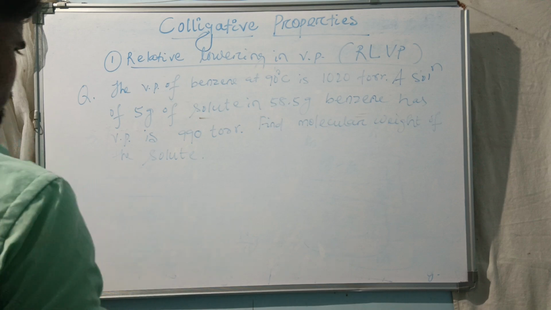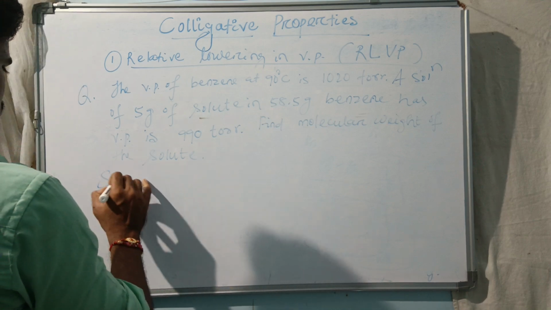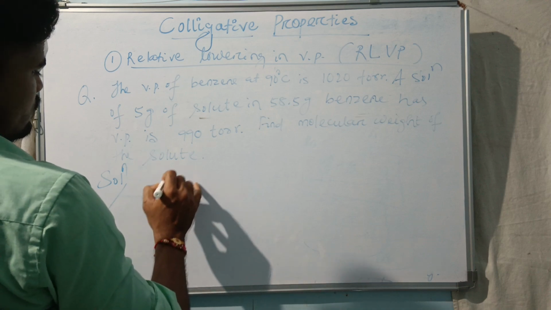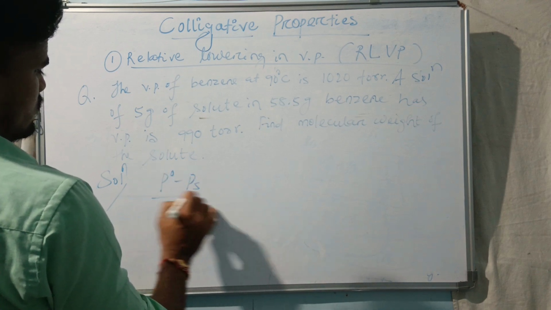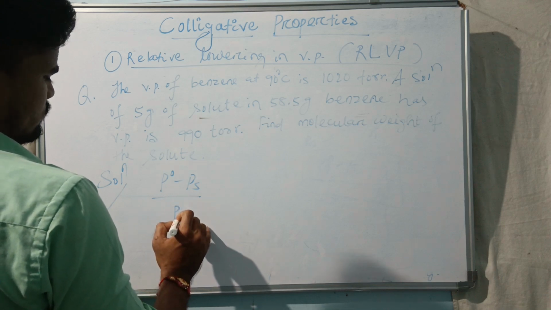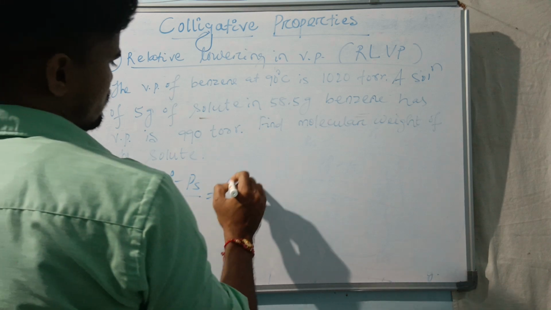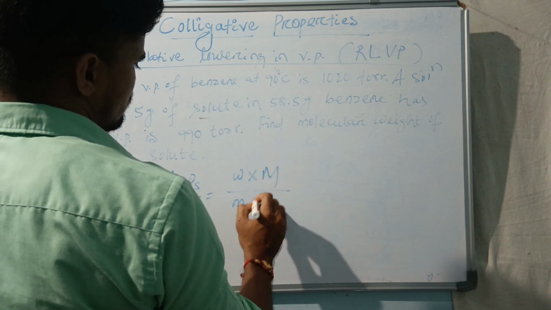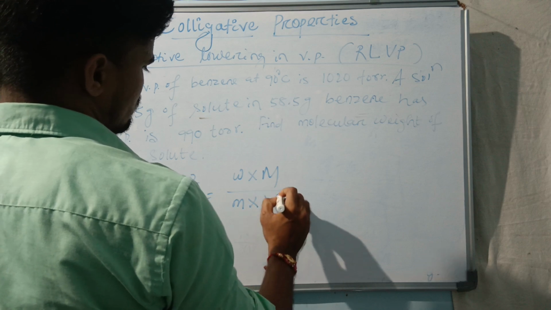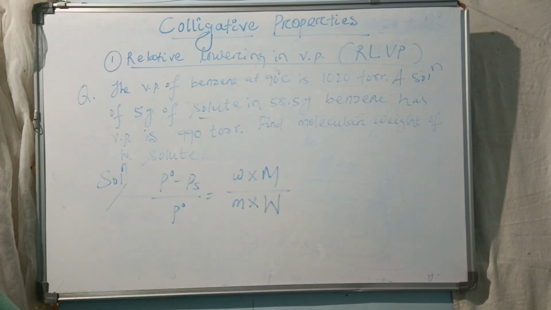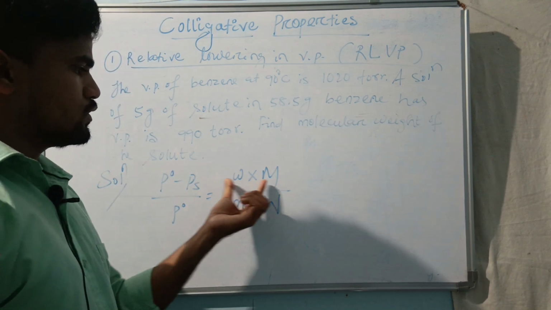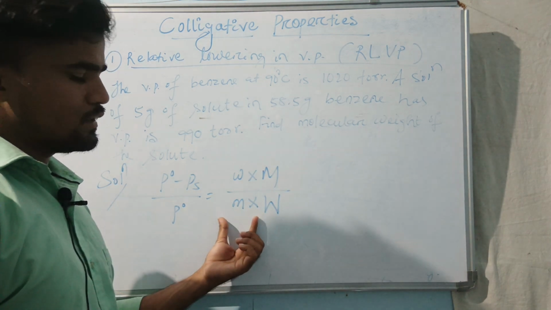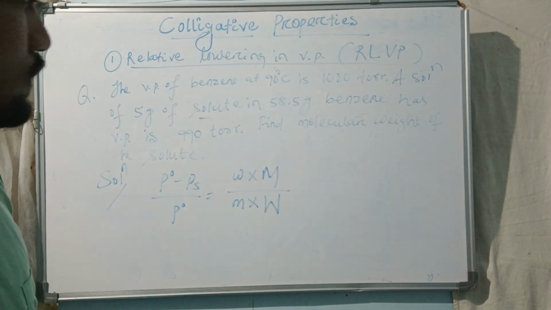So how will we do it? Let's do the solution. According to the formula, P naught minus PS upon P naught is equal to w into M divided by m into W. That means weight of the solute into molar mass of the solvent, divided by molar mass of the solute into weight of the solvent.